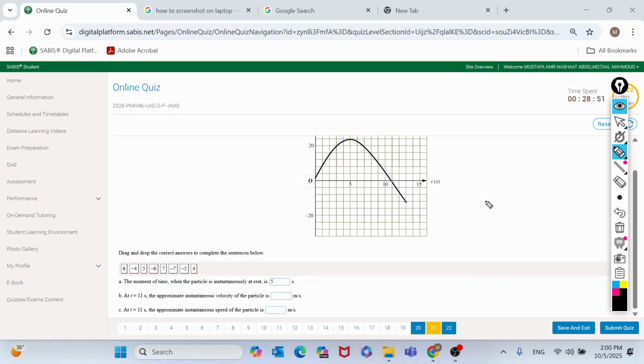So x final is this, -12, minus 0, because it's at the origin, so it's 0. t final is 13 minus 11.